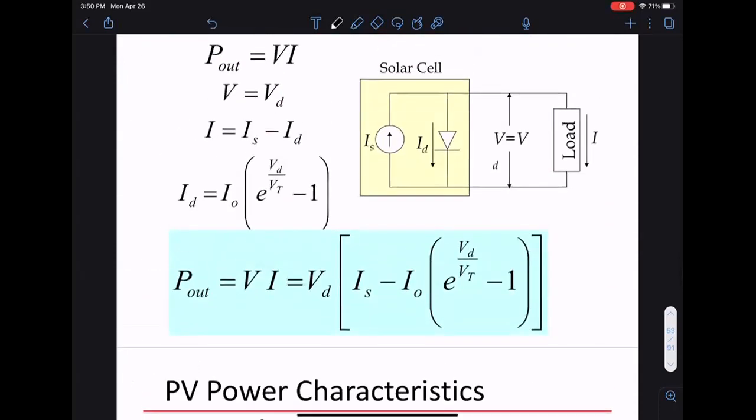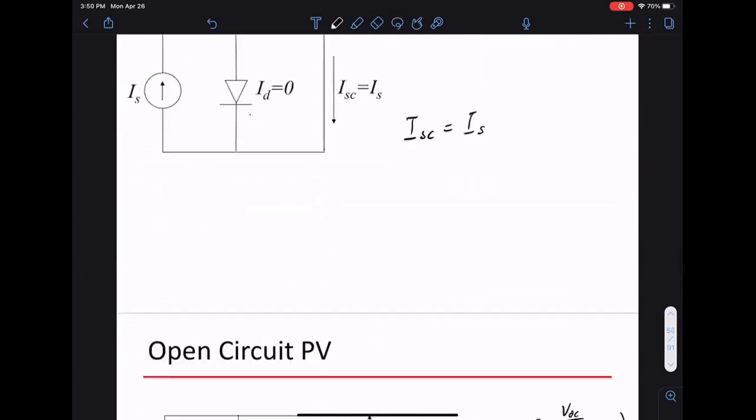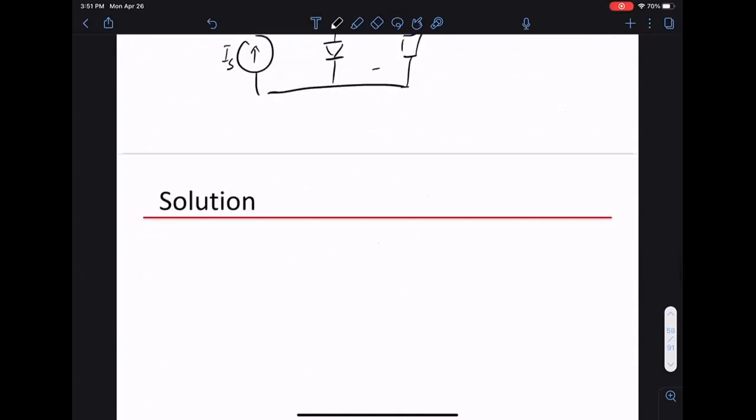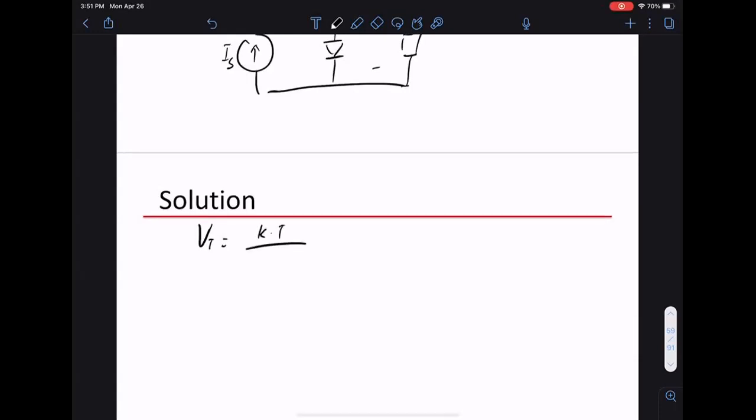Right. So for these types of questions, if you look at the equations, this is our power equation. It's always the case that you compute this VT, the thermal voltage, because this quantity shows up in a lot of the equations. So you may just as well compute this first and get it out of the way. This is Boltzmann's constant times the temperature divided by the charge on an electron.